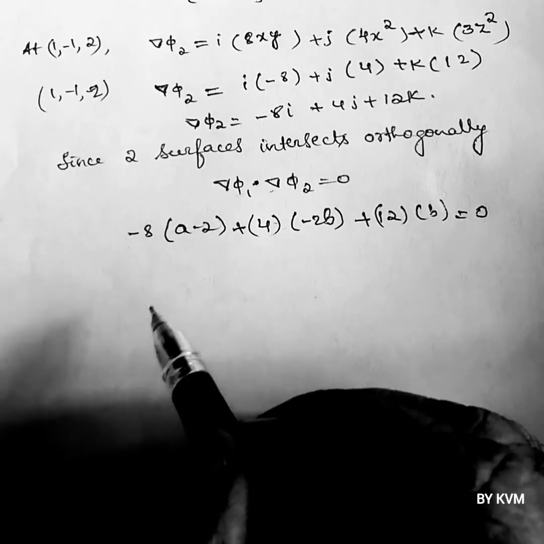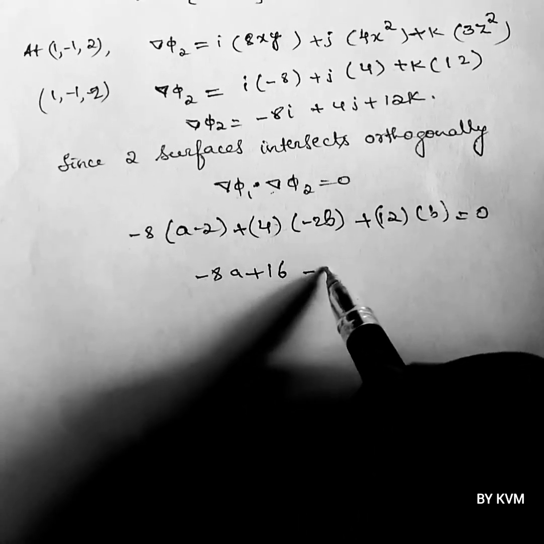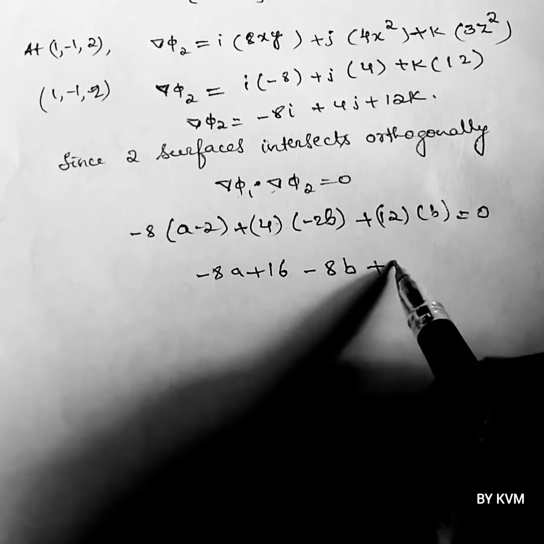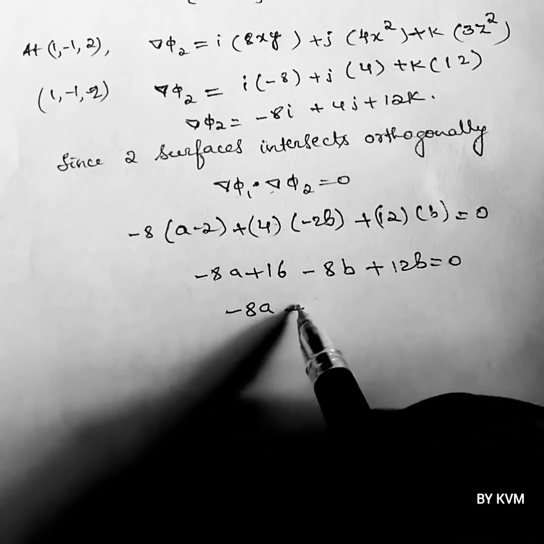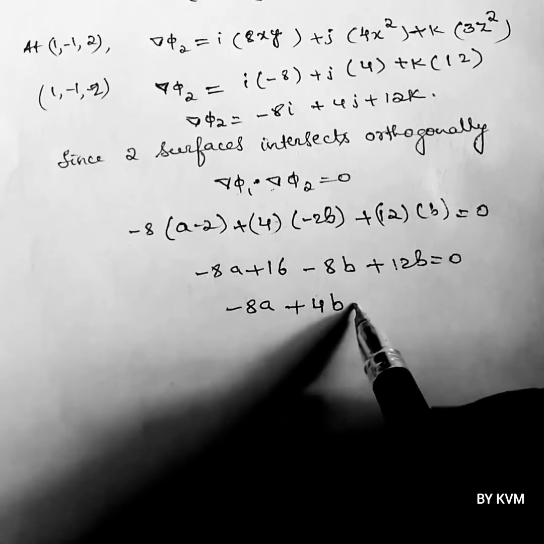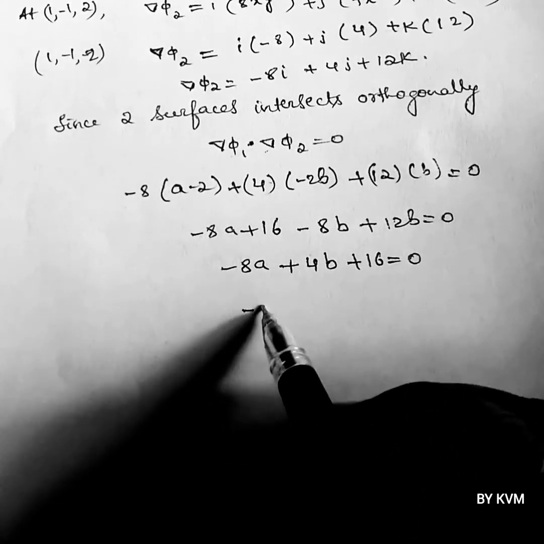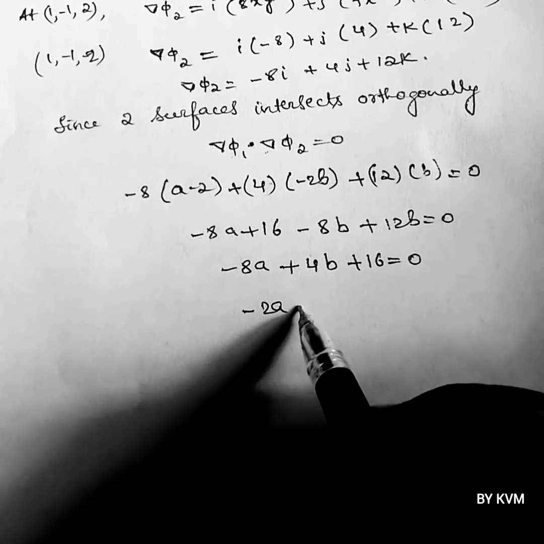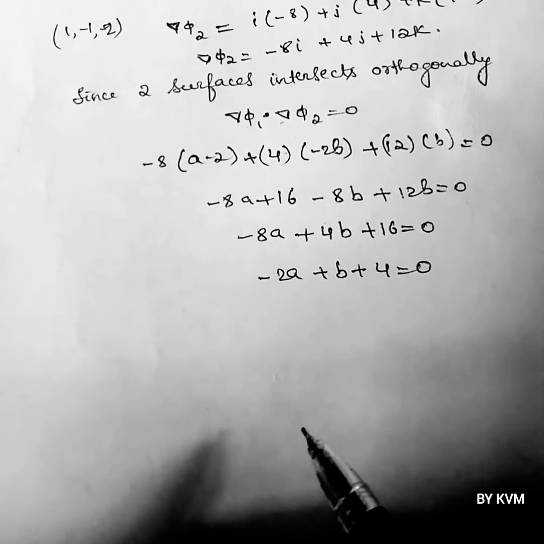Now simplifying this equation, we get minus 8a plus 16 minus 8b plus 12b equals 0. So minus 8a plus 4b plus 16 equals 0. So taking 4 as common and simplifying, minus 2a plus b plus 4 equals 0.